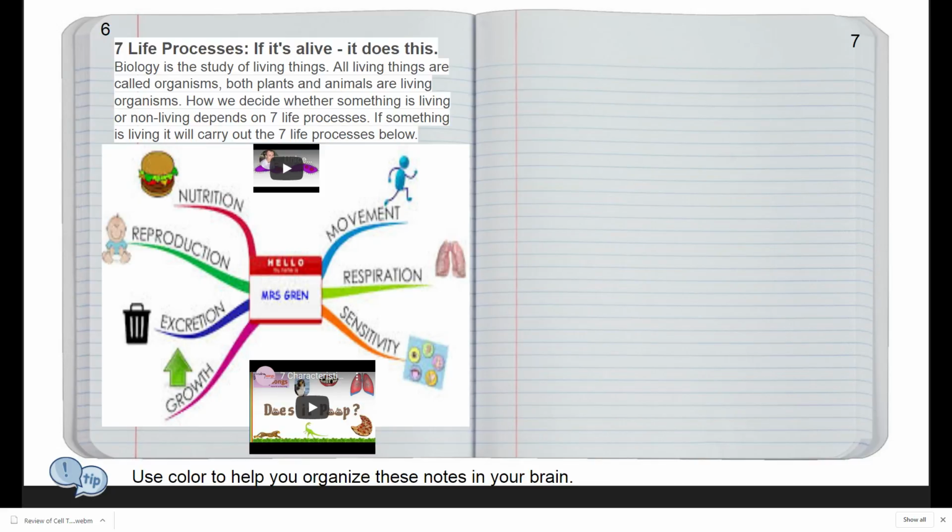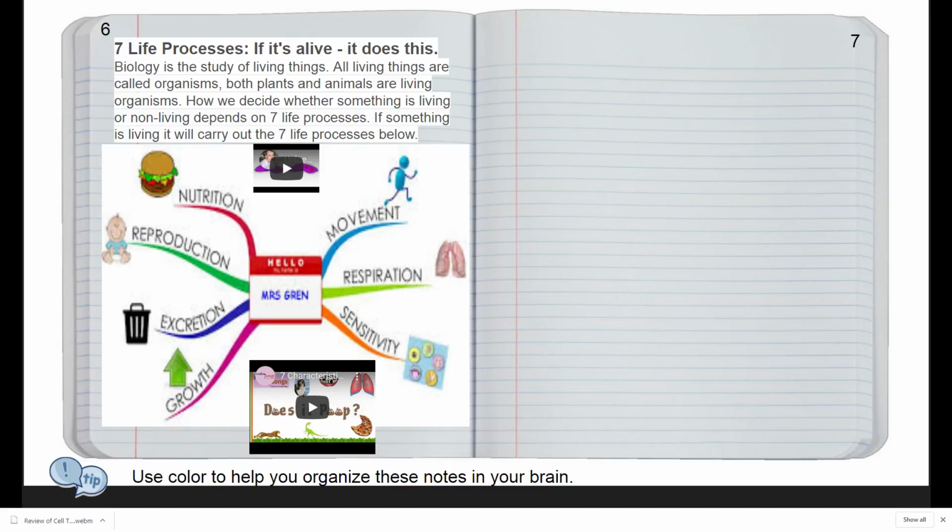Things that are living react. If someone poked you with a needle, you would react by pulling your hand back, or you touch something hot, you would pull your hand back because you have senses of touch and smell, sight, etc., that help you do that. Plants also react. Some plants, you touch them, they close up their leaves.